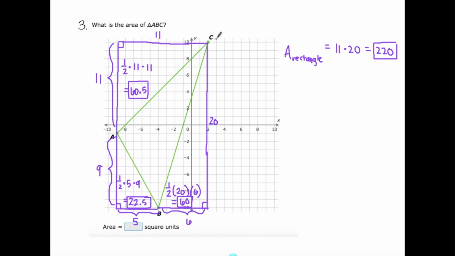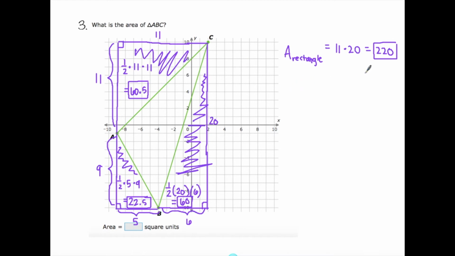Again, we have this full area of the rectangle here, and then we need to subtract this section, and this section, and when we do that, we're going to be left with just the area of this triangle in the middle.